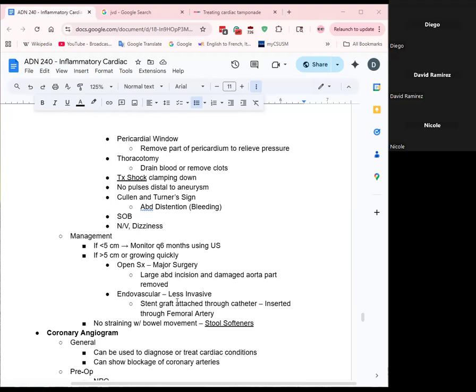Okay, I think this is right here. This is actually from an old section I had, so I don't believe they go over AAA in this class. That's an abdominal aortic aneurysm. Does that sound familiar to anyone? I believe that part's not in the curriculum anymore. No? Okay, yeah, so I'll remove it.